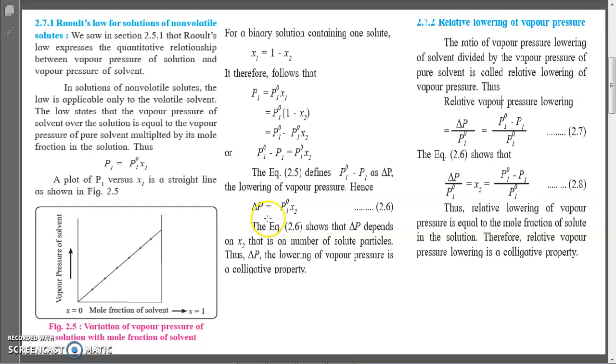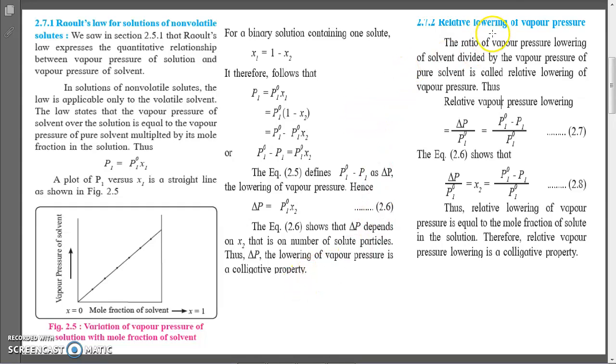What does this equation show? It shows that the lowering of the vapor pressure depends upon the mole fraction X2, that is, on the number of solute particles. Thus, delta P, the lowering of the vapor pressure, is a colligative property.